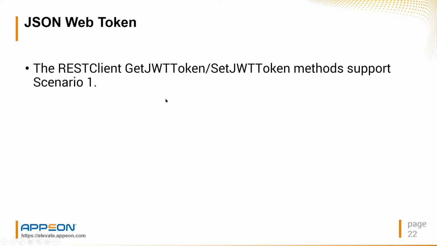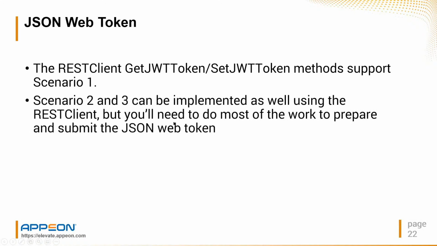Okay, so this is what I was mentioning earlier. The get JWT token and set JWT token methods only support that first scenario. You can do scenario 2 and 3 with the REST client, but you need to do the work of actually creating the JSON Web Token yourself. And I've got the sample code I'm going to show you a little bit later. It shows you how to do that.